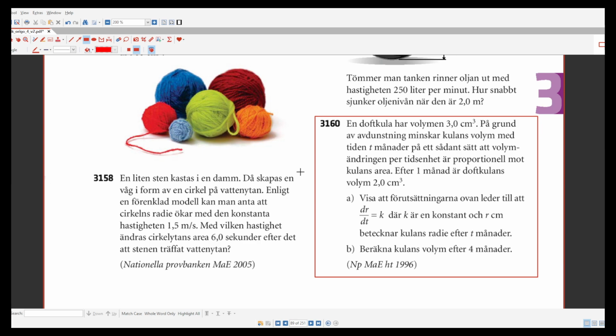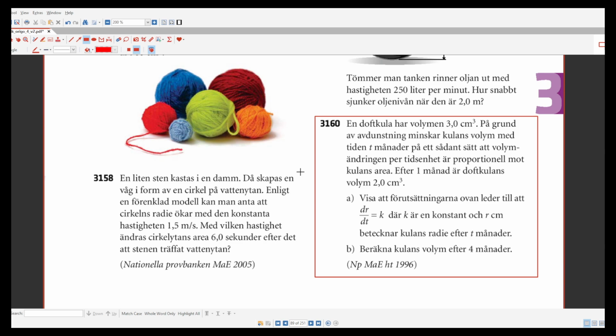So, as far as I understand the story, let me repeat it. You have a candle or whatever that is, with a spherical shape, and you start burning it and the volume shrinks. The original volume is 3 cubic centimeters, and after 1 month, the volume reaches 2 cubic centimeters.